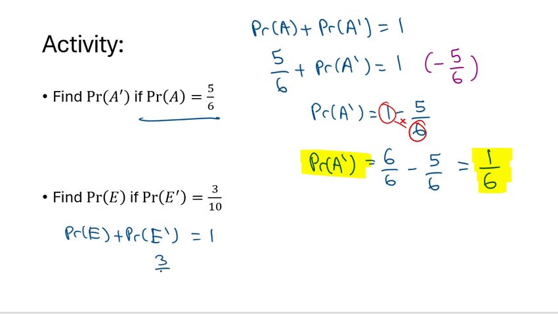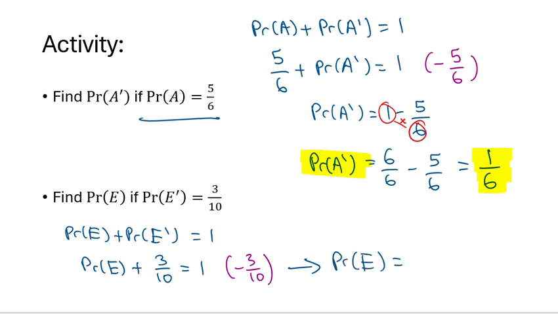So I'll just go 3 over 10 equals 1 plus probability of E. And now you subtract both sides by 3/10. This will be probability of E equals 10 over 10 minus 3 tenths. I have sort of skipped a step, but that's just what happens when you run out of space.